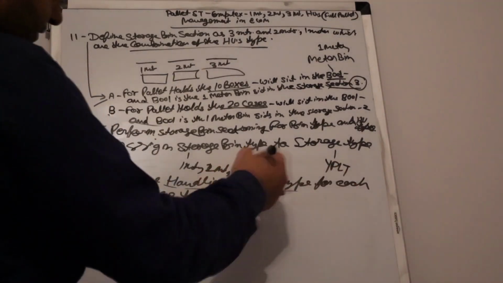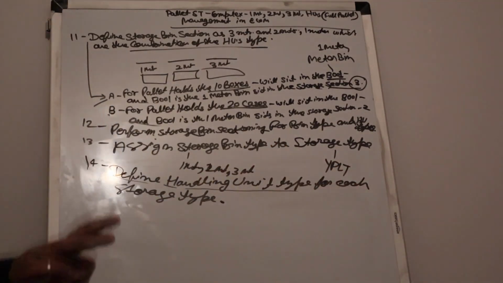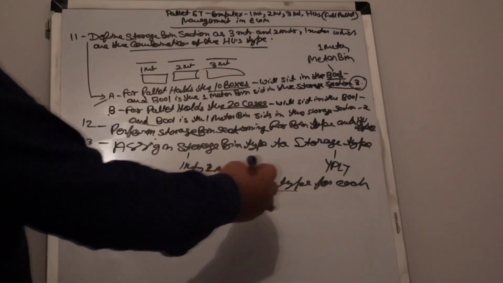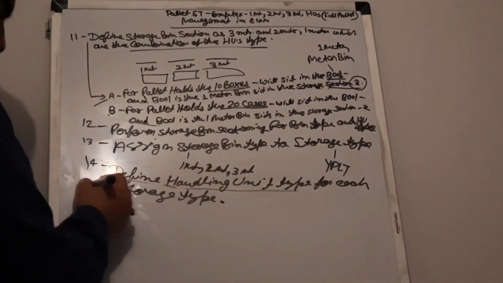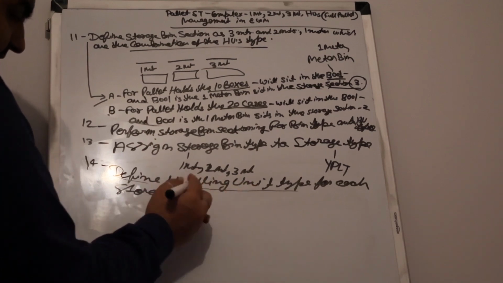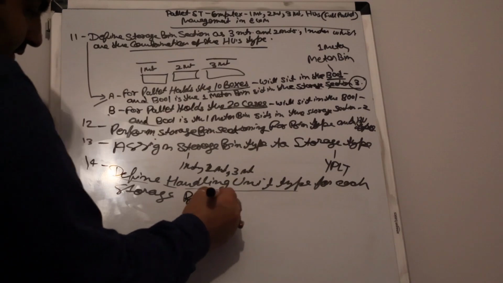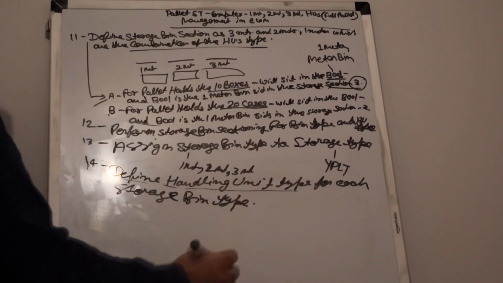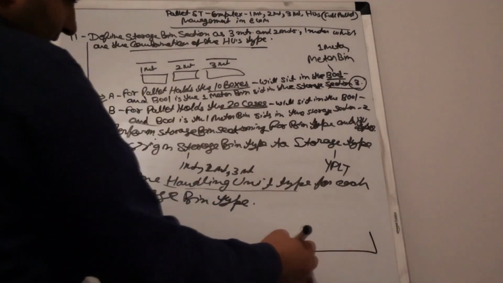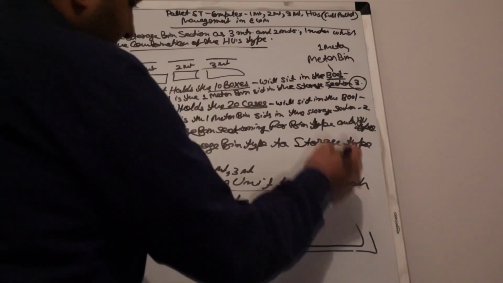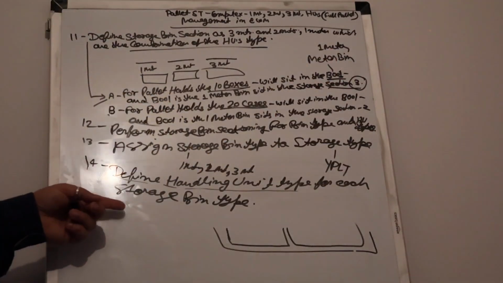This is the linkage. Storage bin type means which sizes of bin the storage type contains. So we need to define this here.